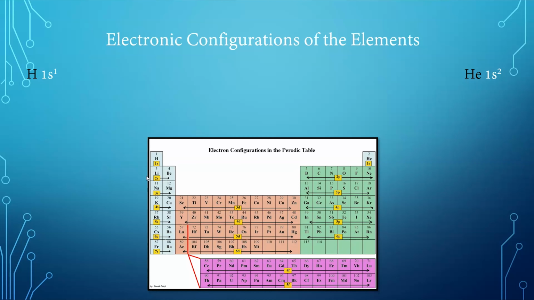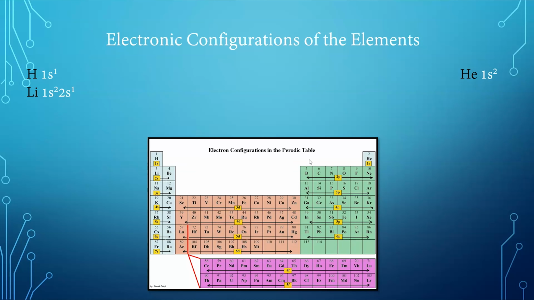Let's jump down now to the second period and take a look at lithium. Lithium has 3 electrons. One convenient thing about electronic configurations is that whatever an element has, the next element is going to have all of that and simply one more electron. So lithium is going to have everything that helium had plus one more. To get to lithium, we have to start here.